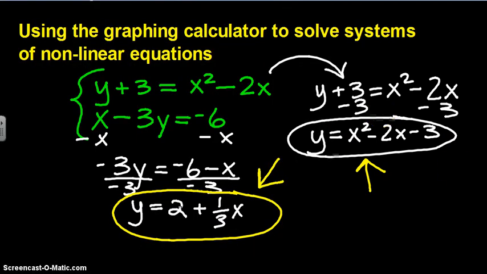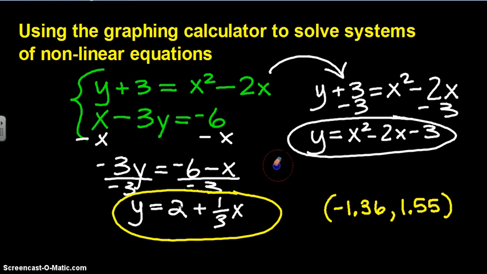So one solution here is (-1.36, 1.55). That's what I learned from the graph. And that arrow doesn't necessarily need to be there because that point is a solution of both of these equations together, not just one or the other.